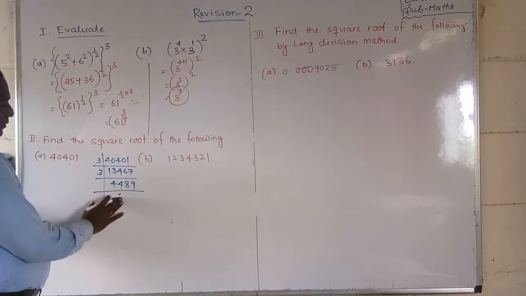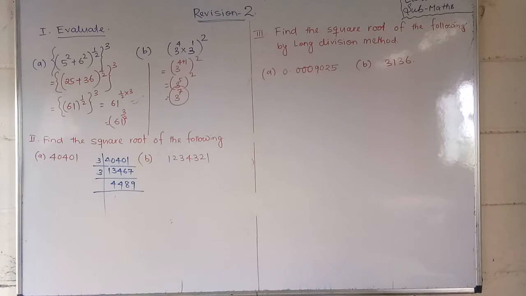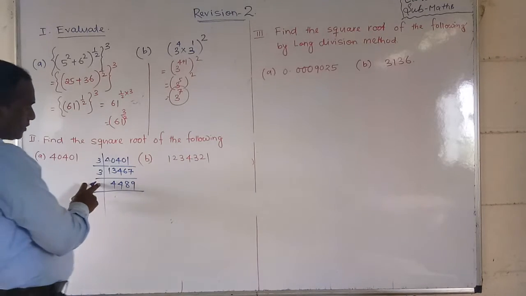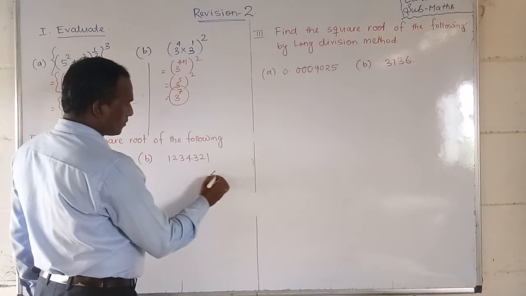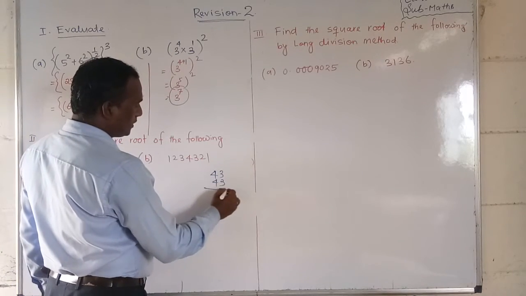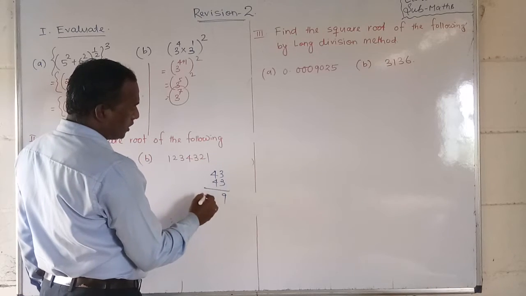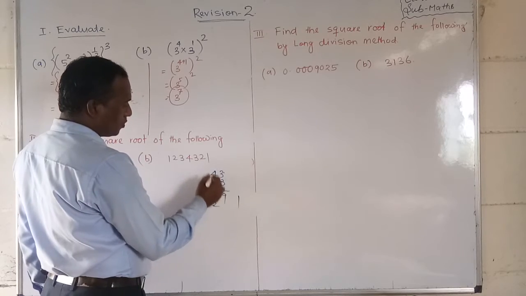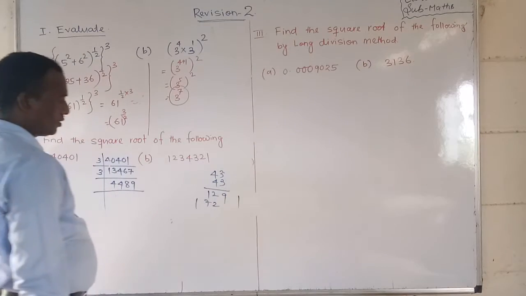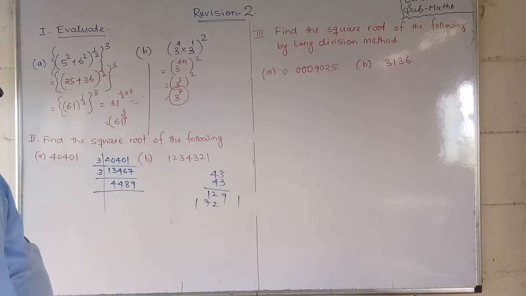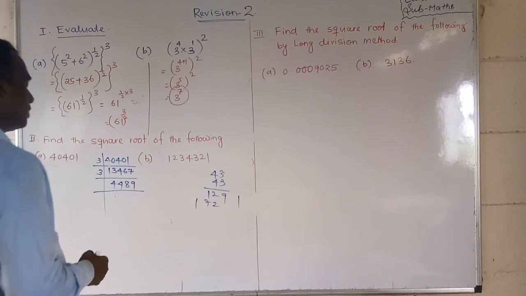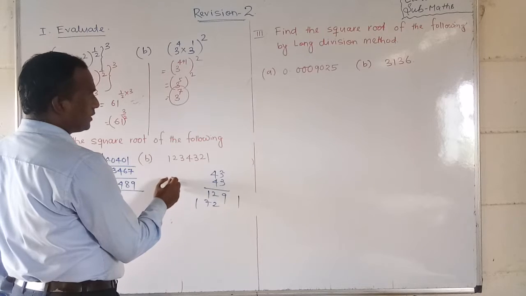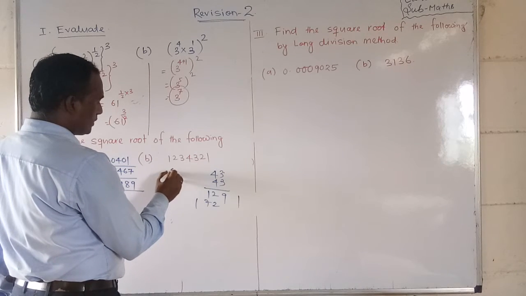So we can take 13, we can see. 13 also does not go, friends. Take 43: 43 into 43, 3 3 ja 9, 3 4 ja 12, 4 3 ja 12, 1 4 4 ja 16, 1 17. Now we can take 63, 16 out, 67.